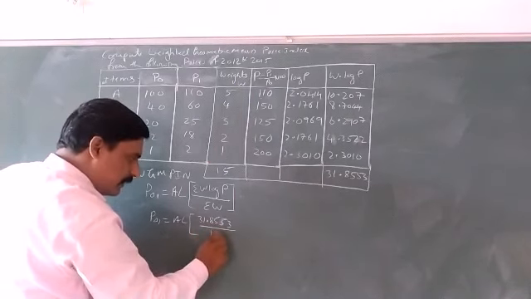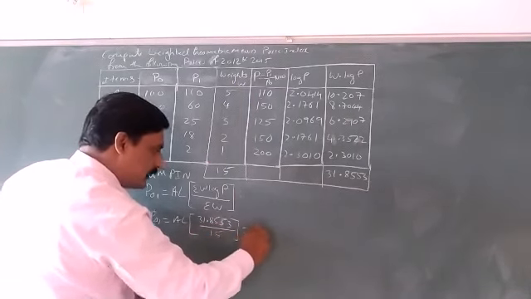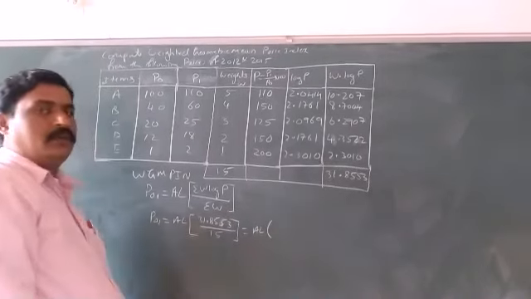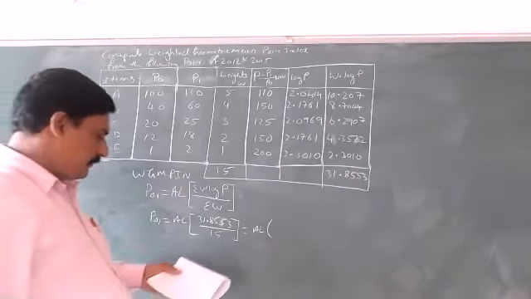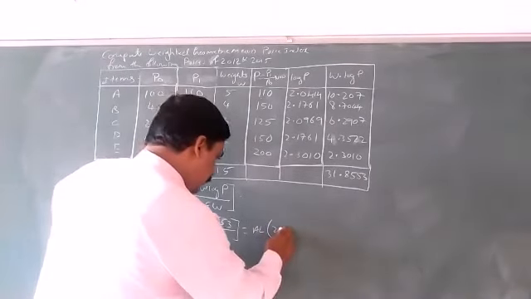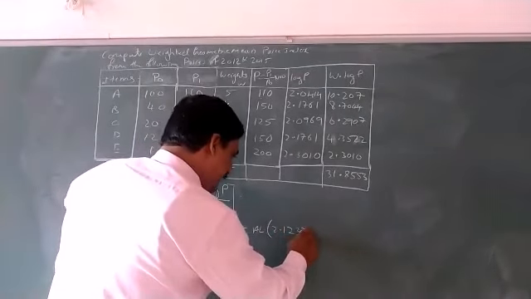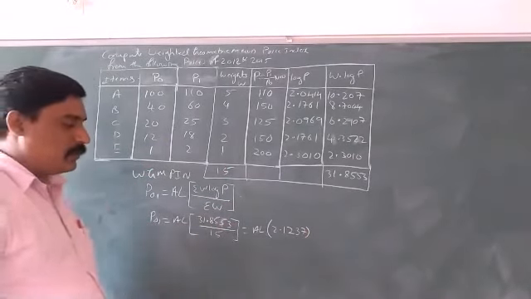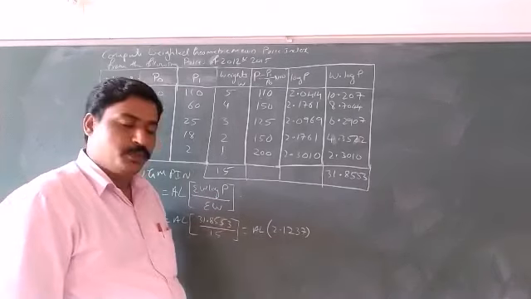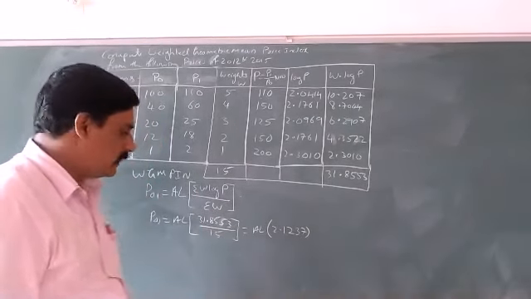So 31.8553 divided by 15 is 2.1237. So this is not the final answer. When we find the antilog for this 2.1237, that is the final answer.